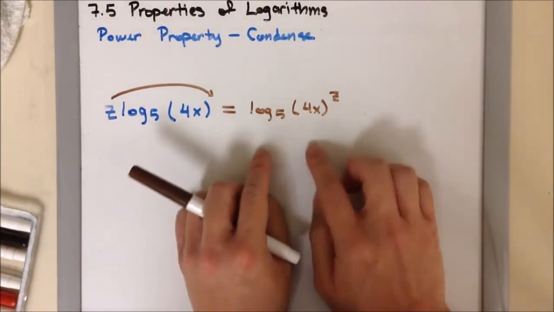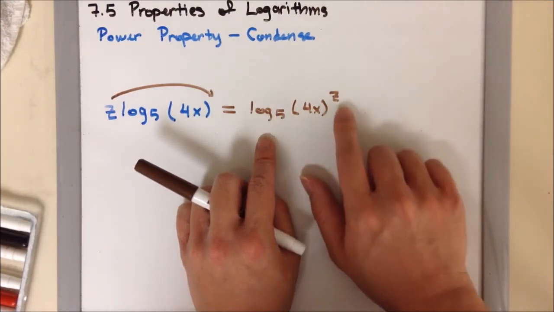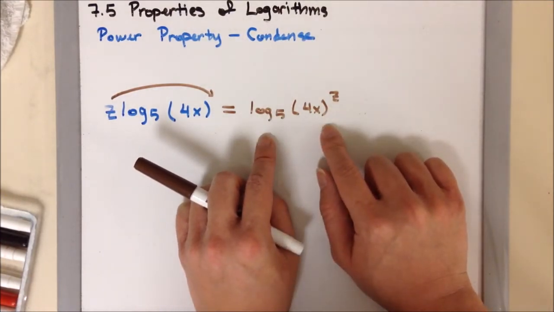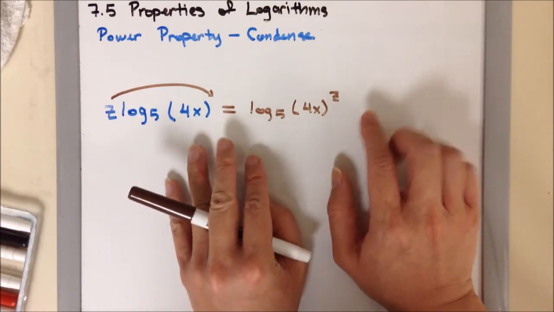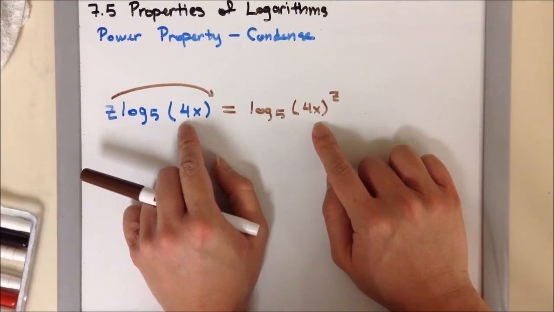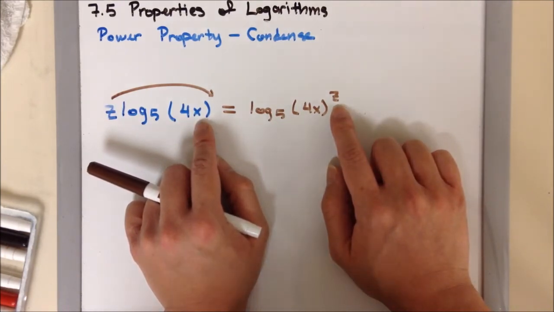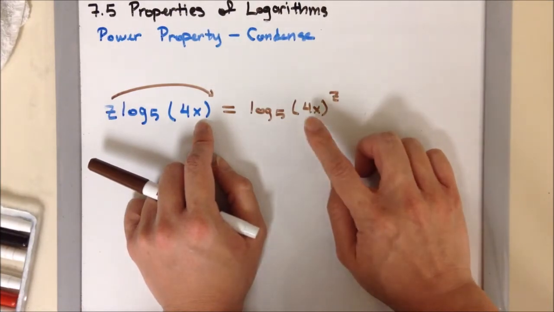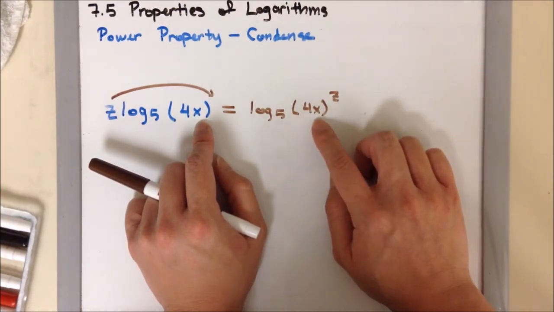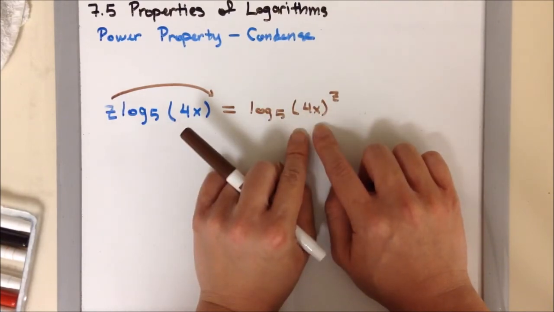So you would just write it as log base 5 of 4x with the z outside the parenthesis. And that's all you have to do. In this format, since I have multiple parts, which are the 4 and the x, inside of log, my z is written as the exponent outside the parenthesis. So you have to start off like this: have the z outside the parenthesis if you have multiple parts inside.